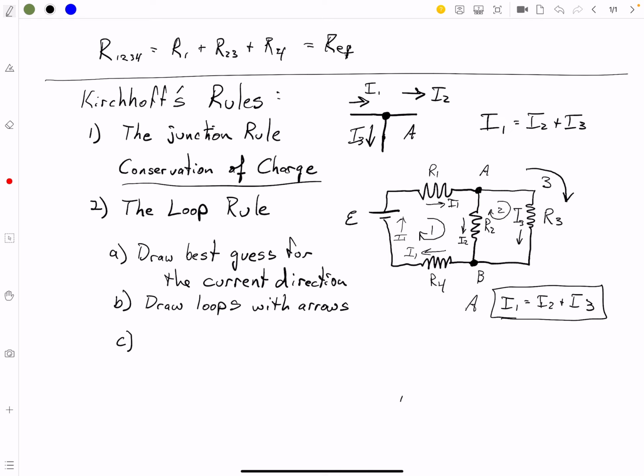We're going to start forming equations. That's our part C, right? Well, that's a little trickier than you might think. Start forming equations.